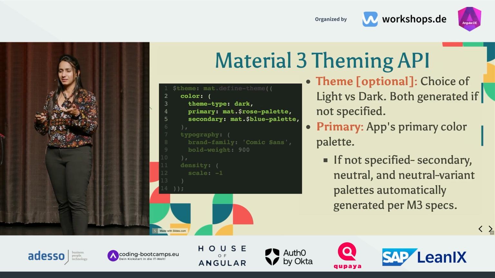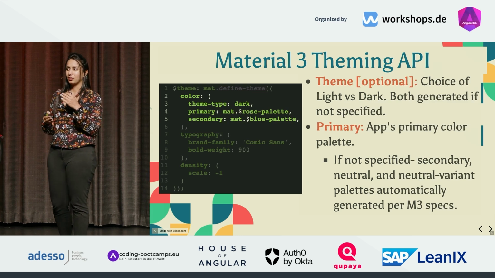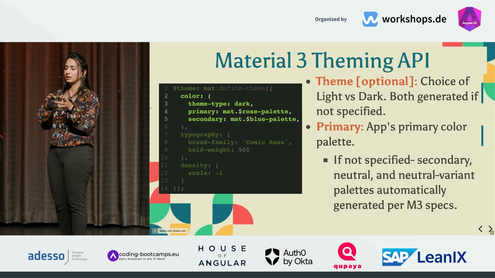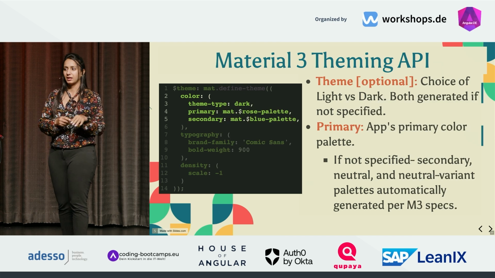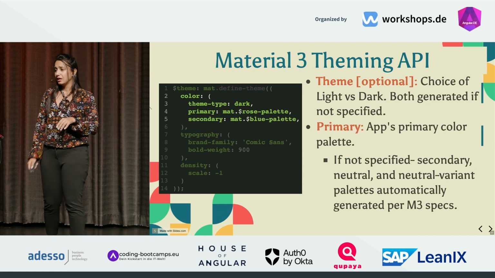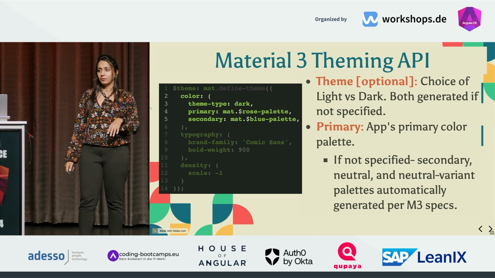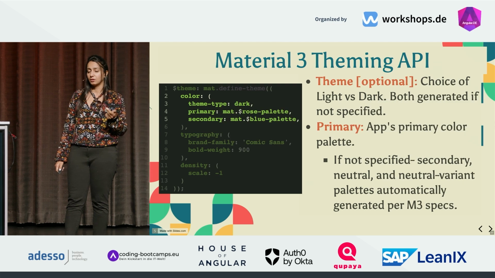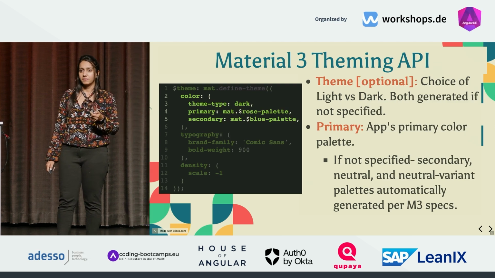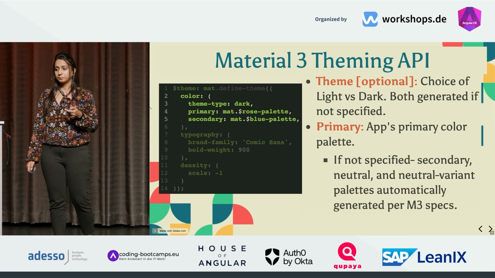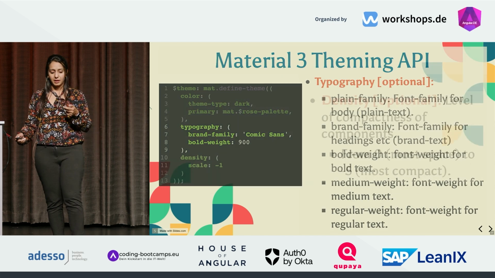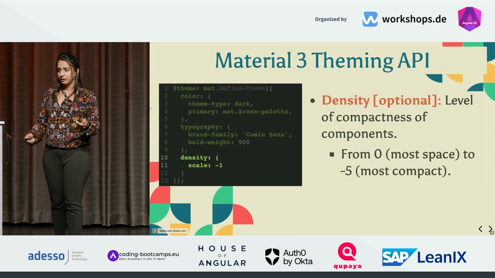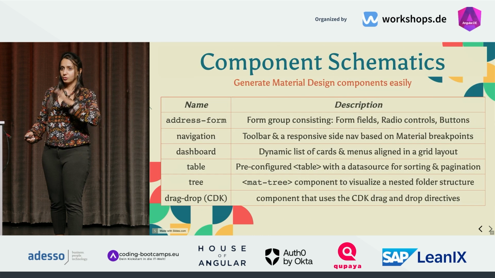Because I feel like colors are so hard to pick when you have to think of accessibility and theming and how the shadows should look and how hover states and all the interaction states should look. So it makes it really easy that you just have to specify one color, but again, like I said, you can specify secondary and tertiary colors, and then you can specify the typography and the density however you want to.